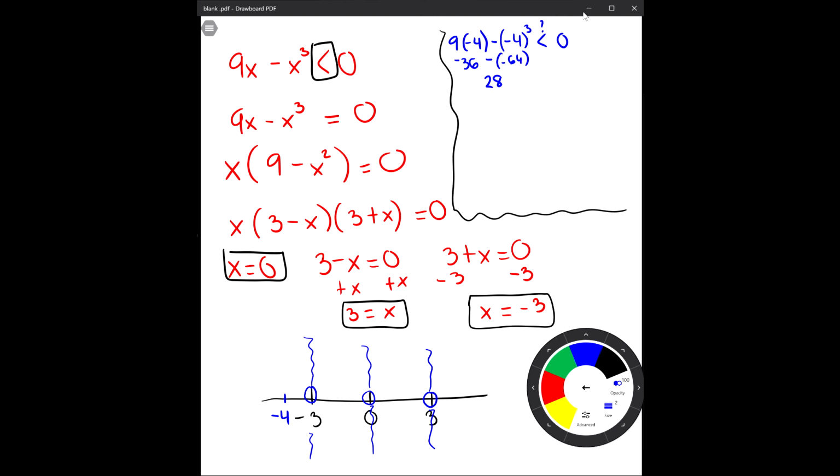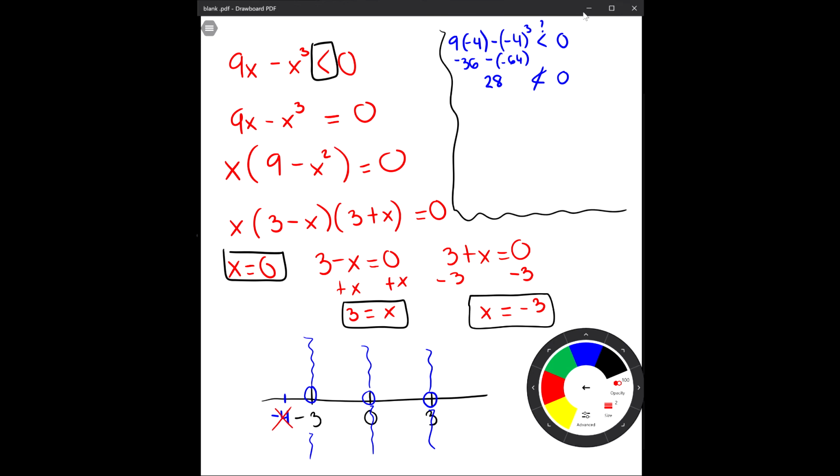And 28 is not less than 0. So this doesn't work.